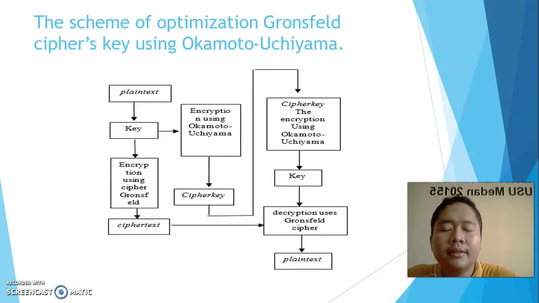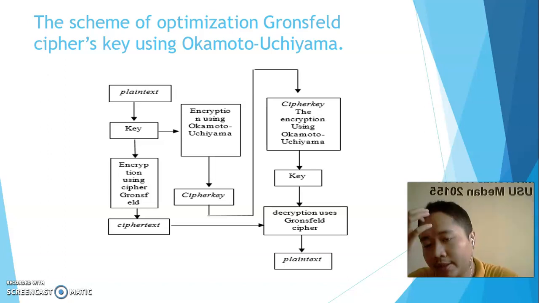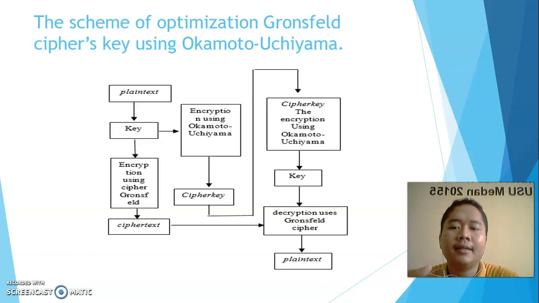We can see here in this slide the scheme of optimization of Gronsfeld cipher's key using Okamoto Uchiyama. First we put the plaintext and then we put the key using Gronsfeld cipher, and then we send the key to the next part. We make an encryption for the key using Okamoto Uchiyama, and we get the cipher key.